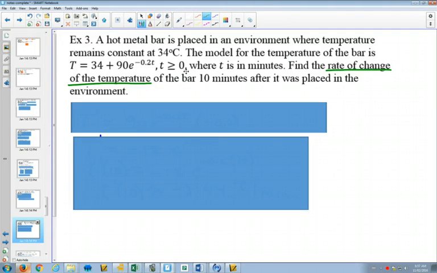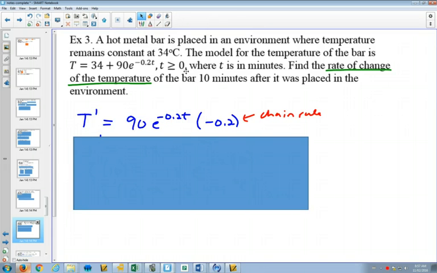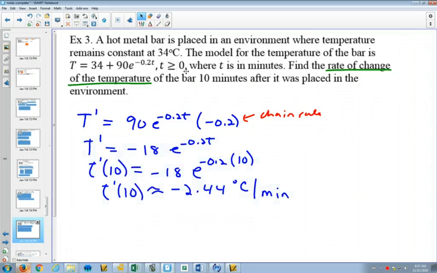How fast is the temperature changing per minute at that time? So we can find the derivative. And plug the value of 10 at that time. And here again, the negative means that it's decreasing in temperature. It's going down 2.44 degrees every minute.